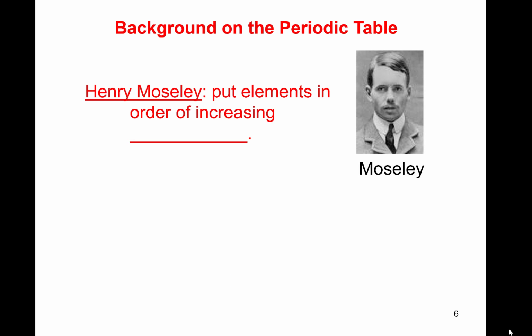Moseley, however, noticed that if you look at the periodic table right now, yes, it's generally in increasing atomic mass, but not always. For example, look at atomic number 52, tellurium, and atomic number 53, iodine. Please have your periodic table next to you during this entire screencast.